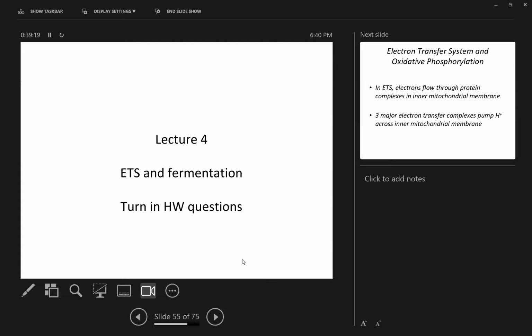That's where everything is going to happen for the last 2 steps: electron transport and oxidative phosphorylation, the last 2 processes of aerobic cellular respiration.